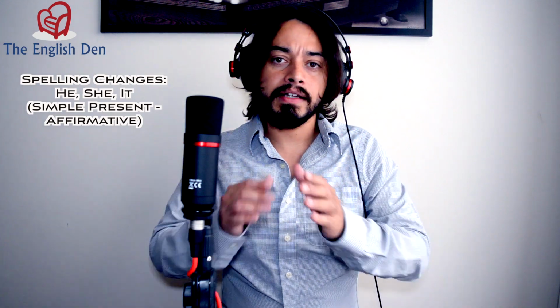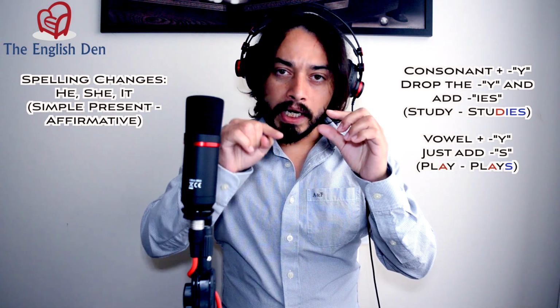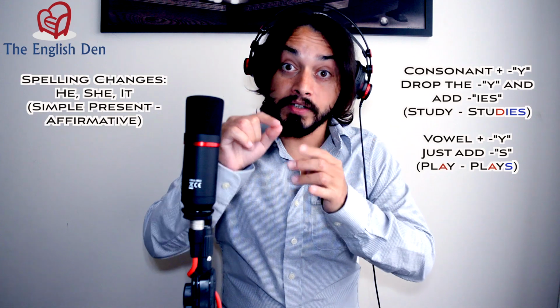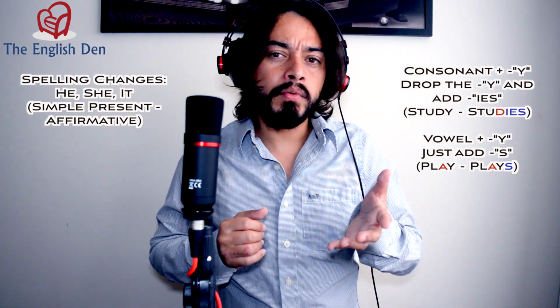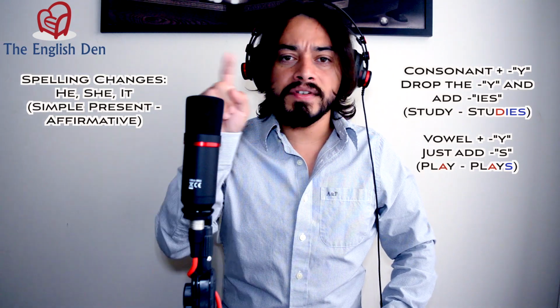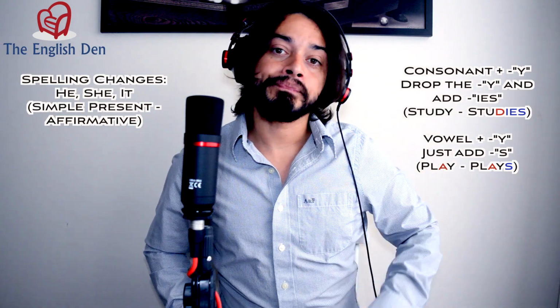About this little rule about the Y, it's important to mention that it's only in the case where the verb ends in Y and there is a consonant before the Y, okay? If there is a vowel before the Y, then it's okay. All you gotta do is add the S. An example could be the verb play.